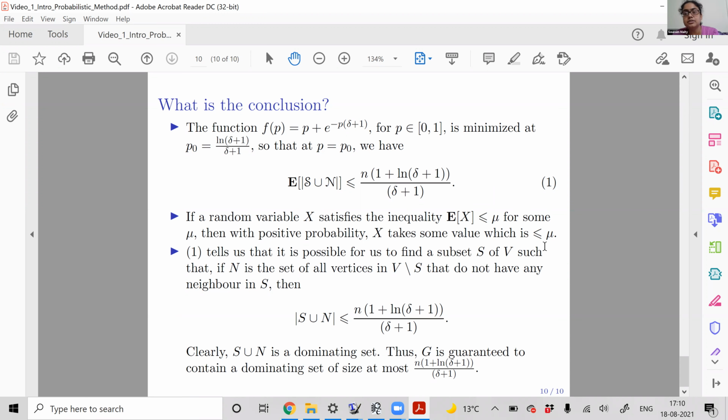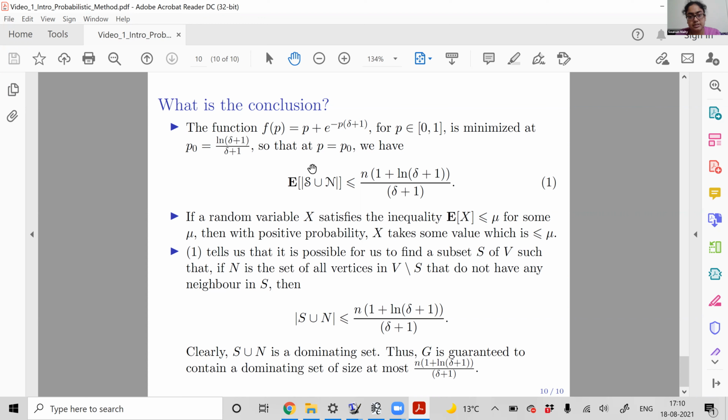If X took values that are all greater than mu, then its expectation would also be greater than mu. Because you have this condition, X has to take a value which is less than or equal to mu. So we make use of that.